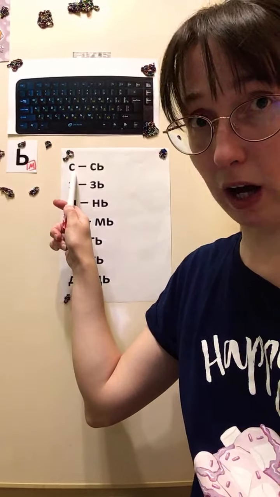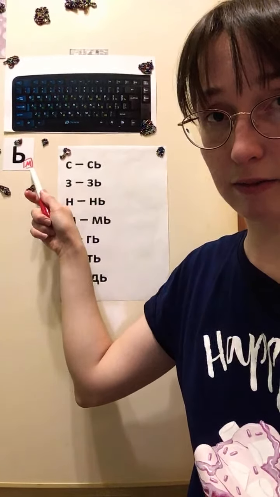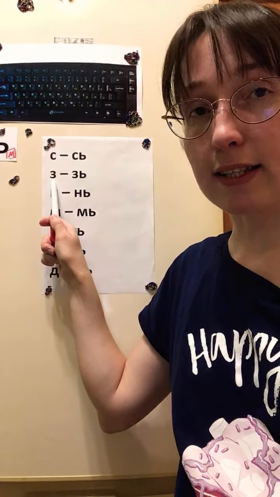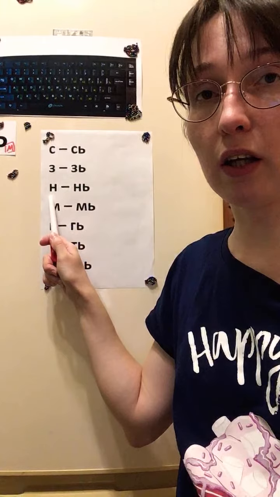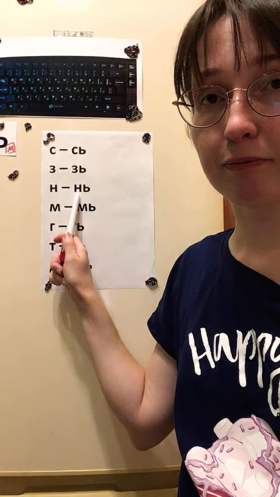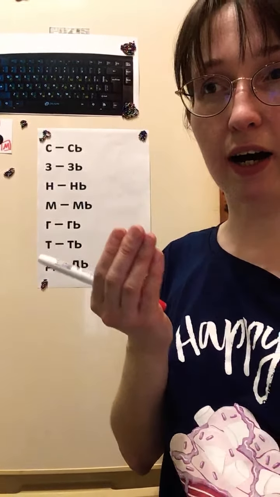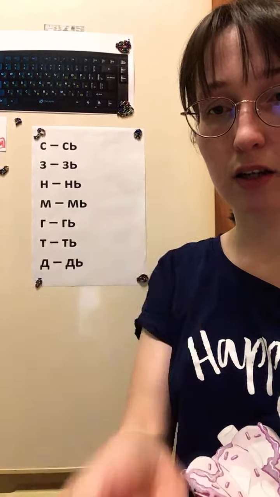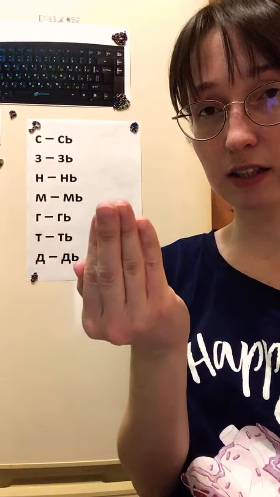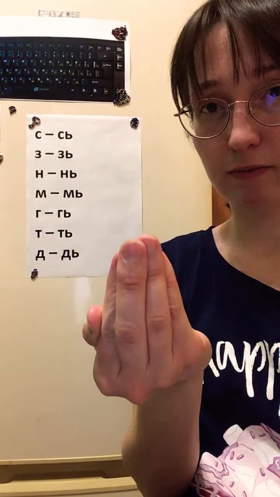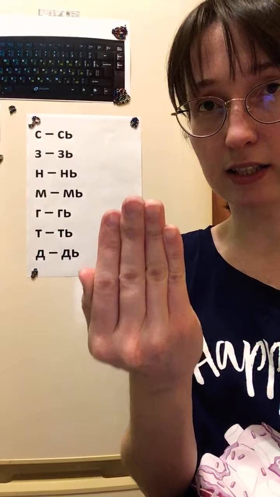S without this sign, S with this sign. Z, Y, N, N. When we pronounce consonants soft, we make our tongue wider. When we pronounce hard consonants, our tongue is like this. This tongue is for hard consonants, and this tongue is for soft consonants.